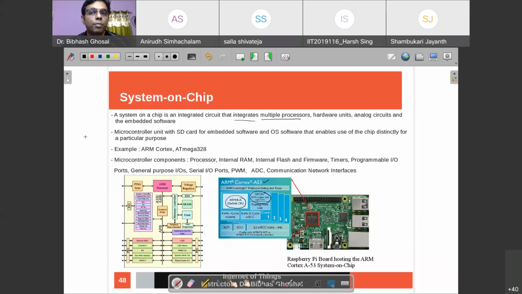I'll give you an example of a chip which is called Exynos. Okay, this is the chip that is used in the majority of the Samsung Galaxy mobile phones. And what we have here is two kinds of processors. One is called the big processors and the other one is called little processors. Okay, they are four in number.